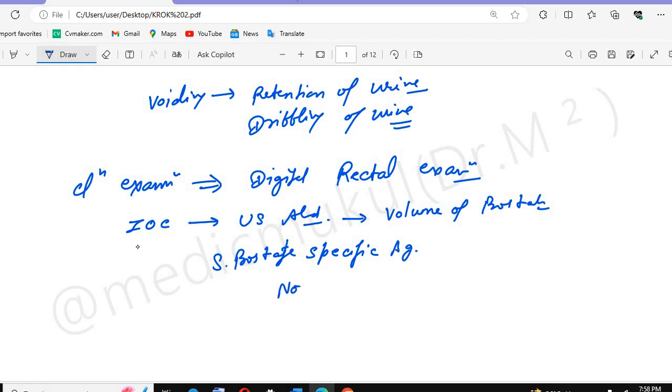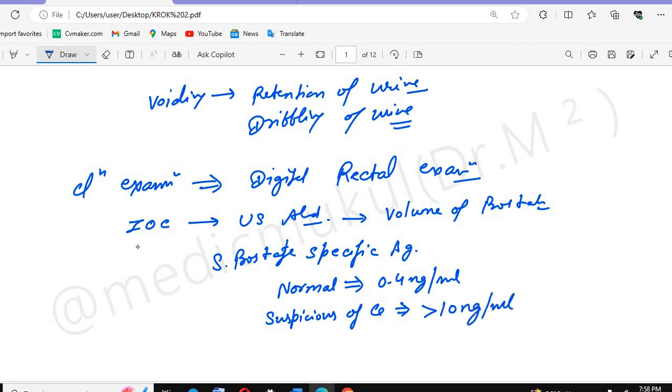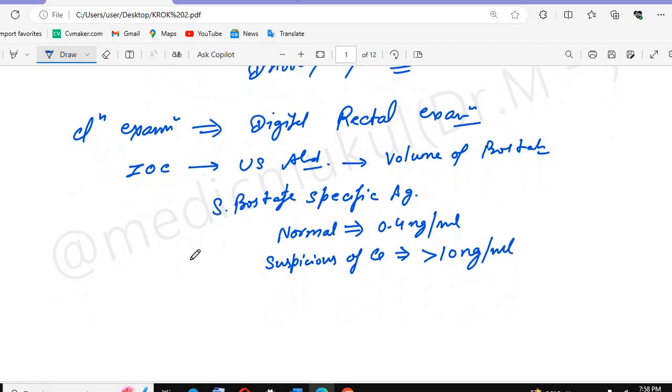If we talk about the normal value of this, the normal value will be 0.4 nanogram per ml. If we have suspicion of carcinoma, that will be more than 10 nanogram per ml.